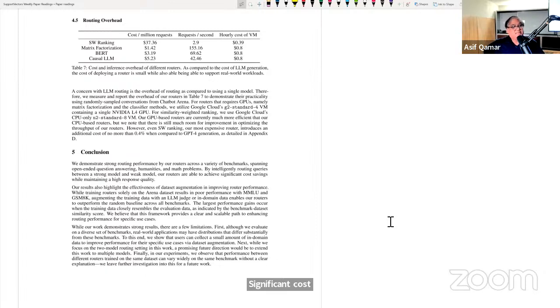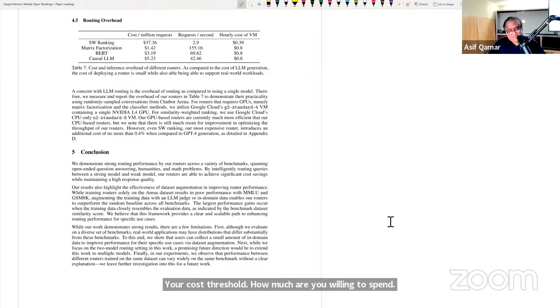So that is the result. They successfully created a router. Doesn't mean that you don't lose some. You lose a little bit, but does it matter in practical terms? You have to judge. And based on that, you can set your cost threshold. How much are you willing to spend for that extra bit?